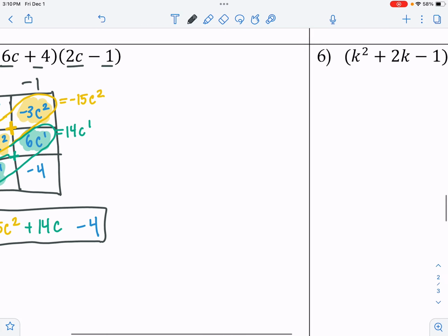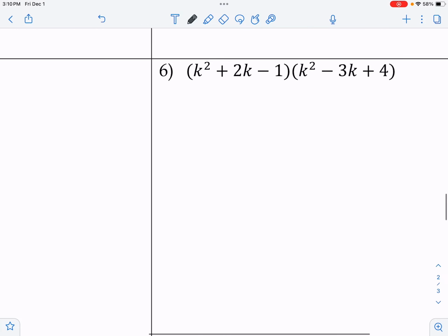All right, last one, best one. We are multiplying 3 terms by 3 terms. We're going to need a 3 by 3 box. So we have k squared, 2k, and negative 1.